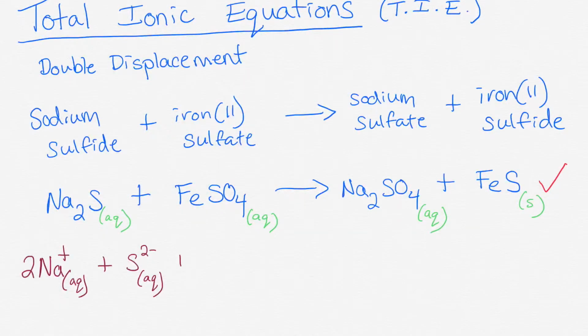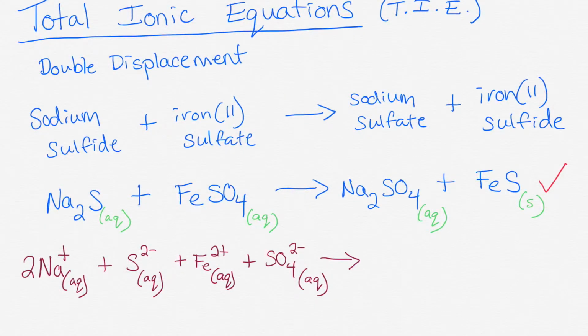Then my iron 2 sulfate, because it dissolves in water, it'll come apart and form its ions. So that's really an Fe2+ that's aqueous, and an SO4 2- that's also aqueous.